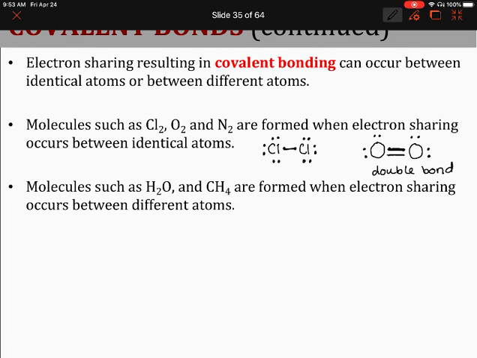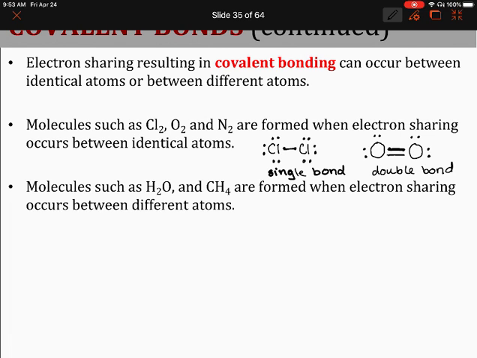Now before, with chlorine and fluorine and hydrogen, we just had a single bond between the atoms. But sometimes atoms will have a double bond or even a triple bond in order for everything to have 8 electrons.